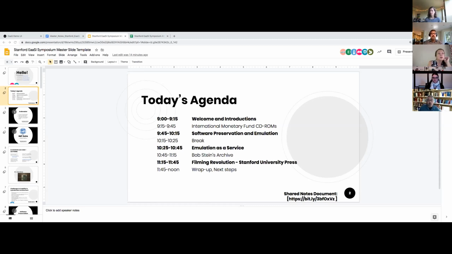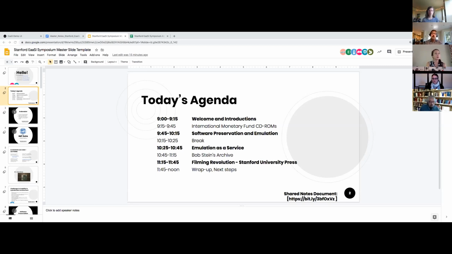The focus for today's discussion is software preservation with a focus on 3 of Stanford's emulation use cases. This is part of a larger effort of Stanford Libraries to pilot emulation as a possible preservation and access solution for complex digital objects. These are digital objects that are reliant on software and or legacy hardware in order to run.